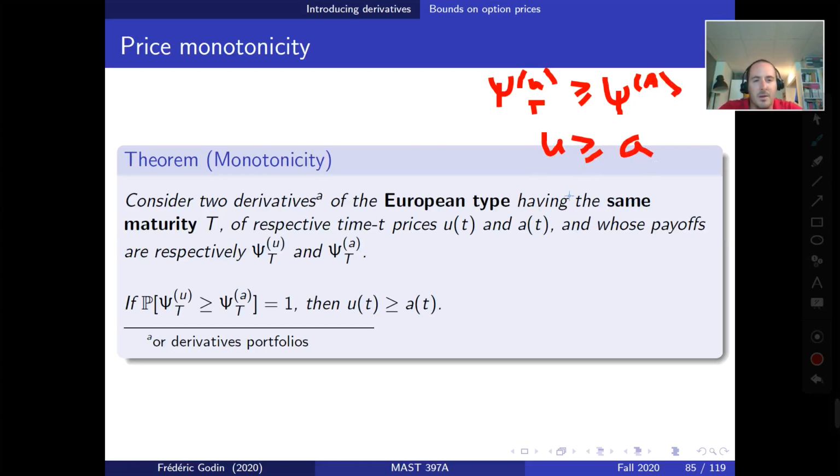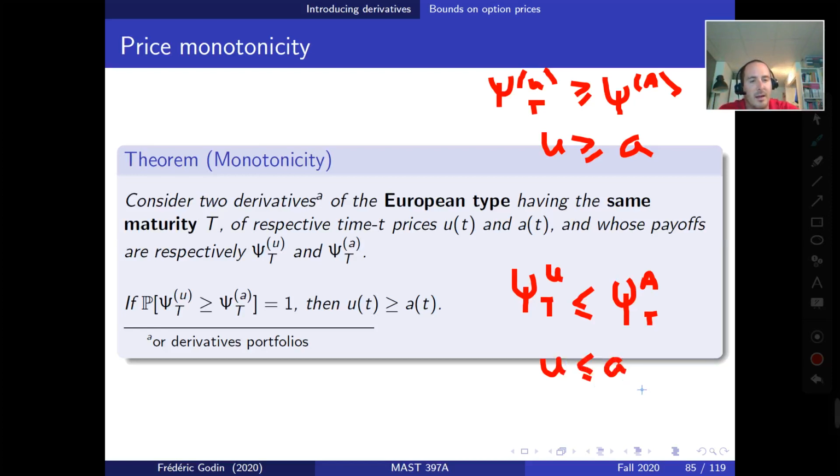But from the same result, you can call a u and call u a, and you would get the following. So if psi u, sorry, I go quickly with the notation, is smaller or equal to psi a, so if the payoff of derivative u is smaller or equal to that of derivative a, then the price of u must be smaller or equal to a.